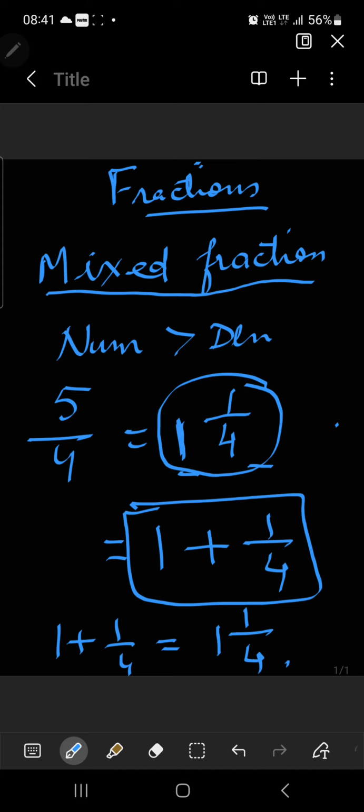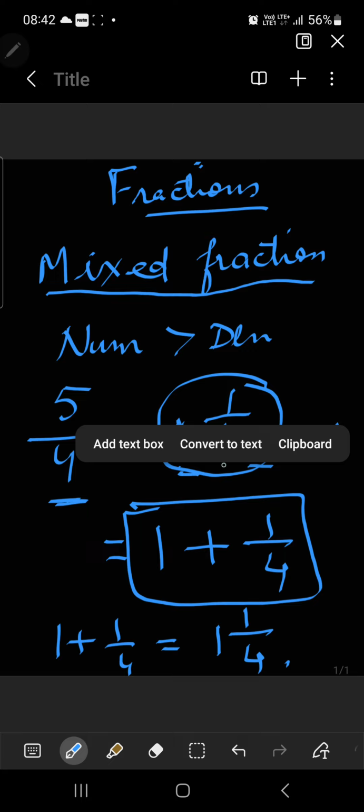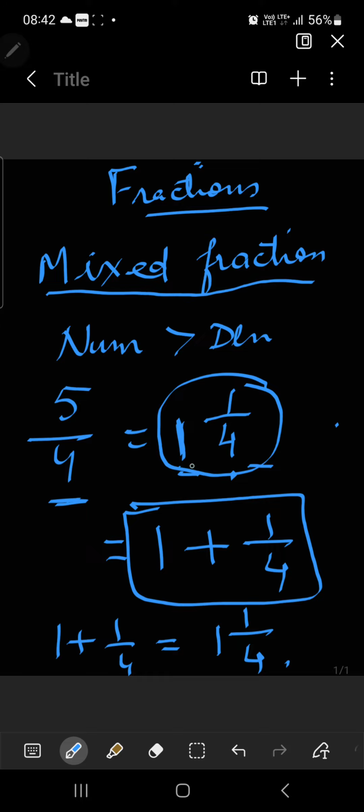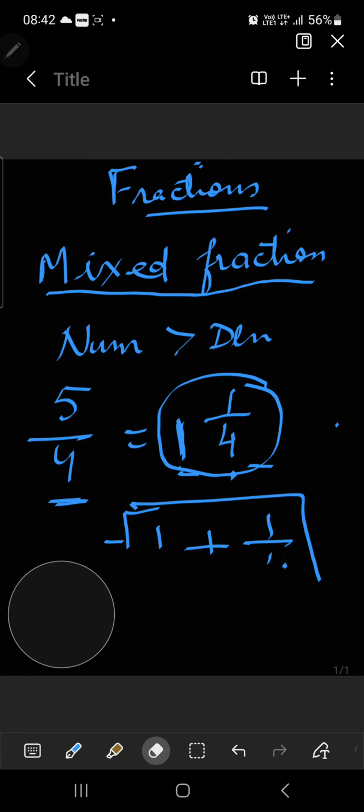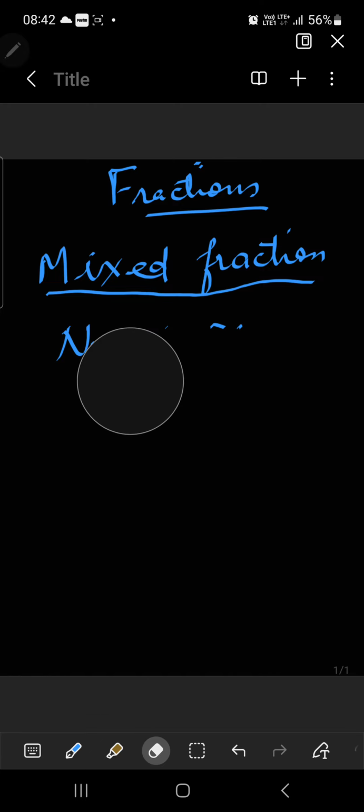Okay. So what is the definition of mixed fraction? When an improper fraction, which is this one, is written as an integer followed by a proper fraction, it is a mixed fraction. Okay. I hope you all have understood the three types of fraction here.